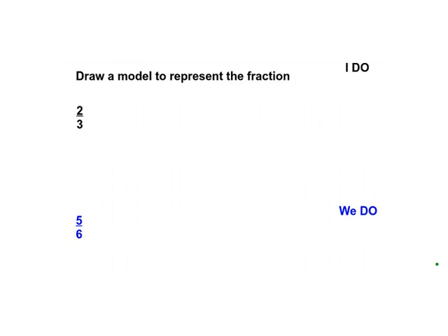Okay, now we're going to work on drawing a model to represent fractions. Now, whenever you see this word model, you're going to typically draw those fraction bars or those pie charts. So for this one, I know that my denominator is telling me that I am going to have 3 parts to my model.